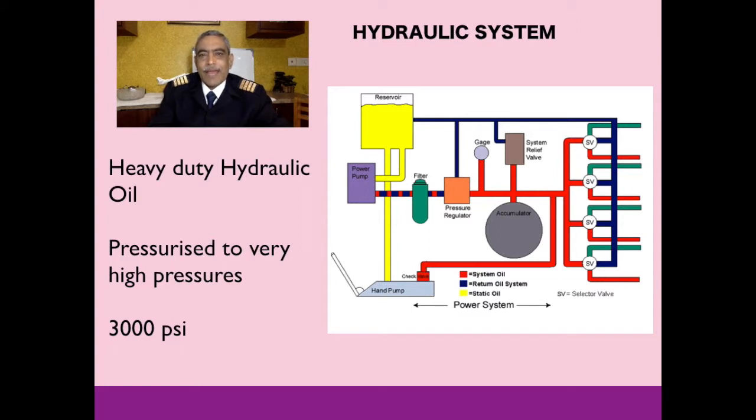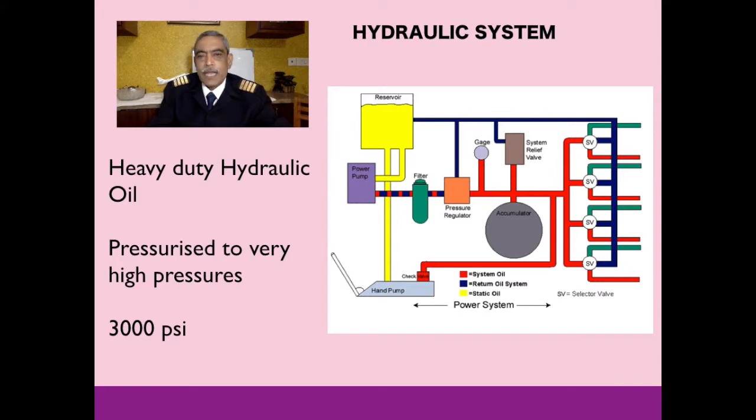For the hydraulic system, I have shown the system diagram, which is not very relevant, but I just wanted you to develop an understanding. There is a reservoir and there is a pump which is driven by the engine which builds this hydraulic oil to a very high pressure, almost up to 3000 pounds per square inch, and thereafter it is routed through different pipelines for various services to be operated.